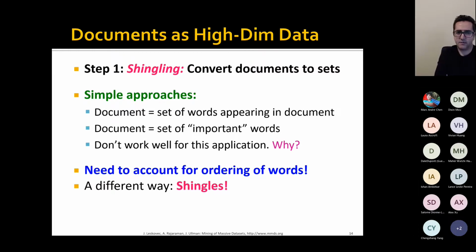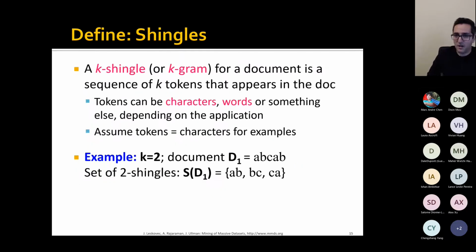And the reason is, for this application, we care about the ordering of words, right? We care about in what order these words appear in the document. And unfortunately, the bag of words idea throws away the ordering, right? It just keeps the words. No ordering is preserved. So we don't use that, but we use something very similar called shingles. And you already know this concept, right? It's a different name for something you already know.